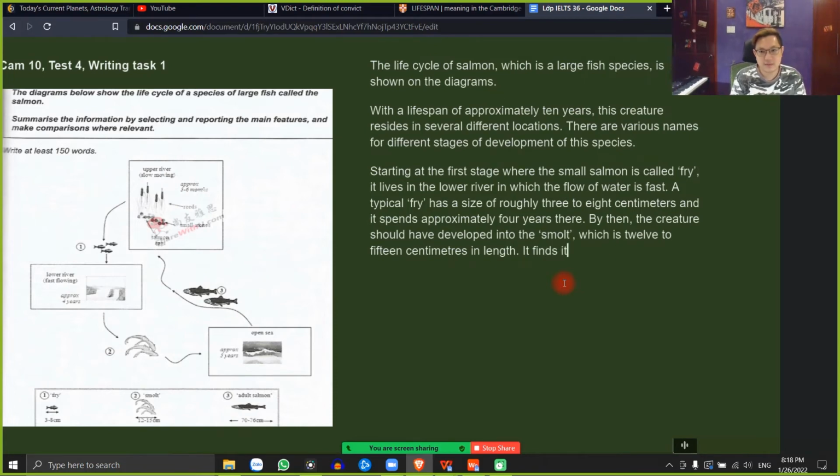It finds its way to the open sea and remains there for roughly 5 years.